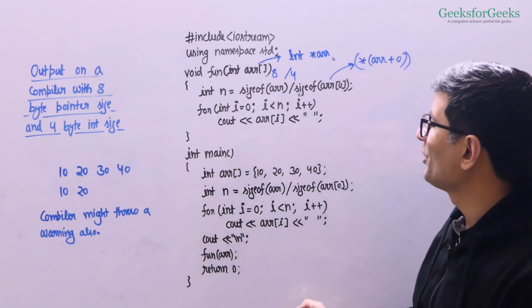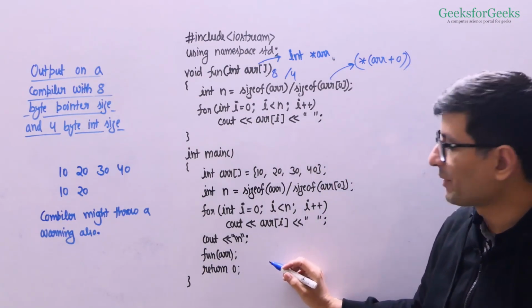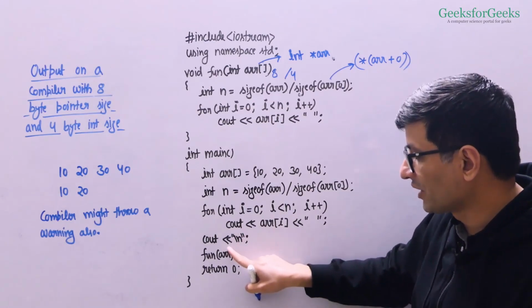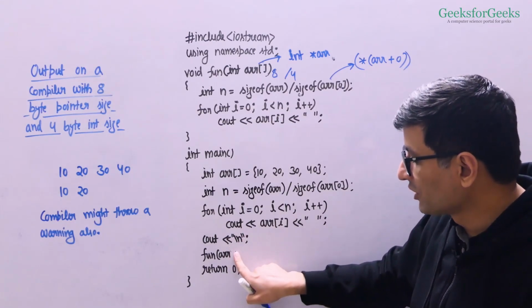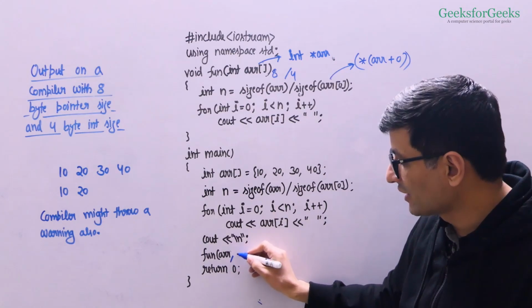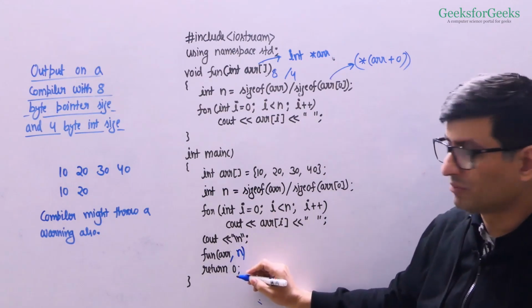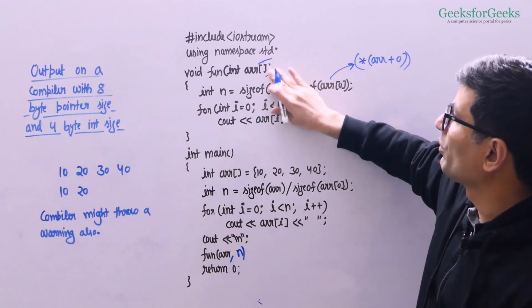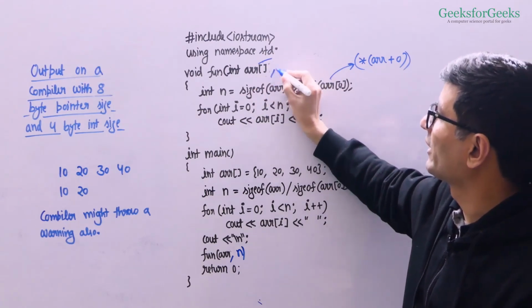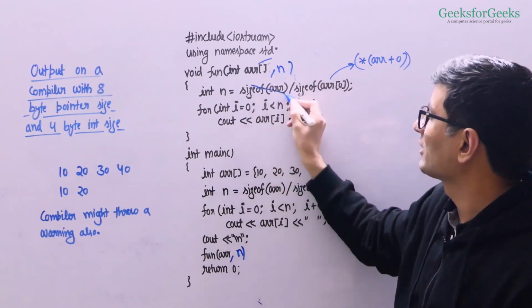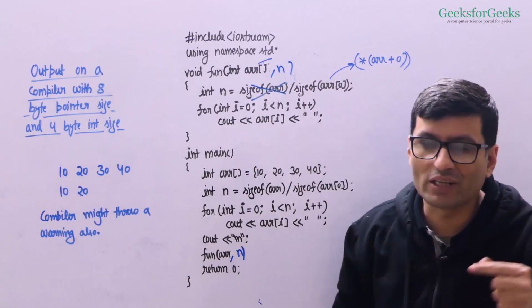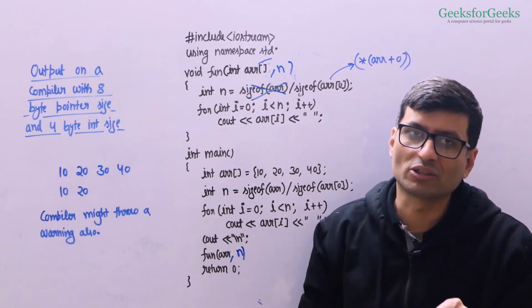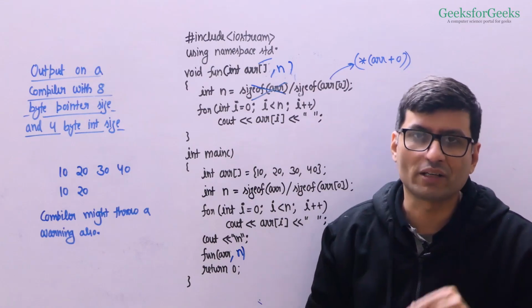We should always pass size as a separate parameter. That's how these sizes should be passed. And in all the functions that we are going to discuss in the array problems, we always pass size as a separate parameter. We always pass arr comma n. We never compute size this way. It's never recommended. We should never use sizeof inside a function for array parameters.